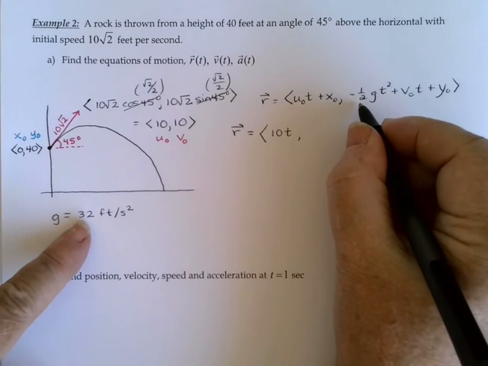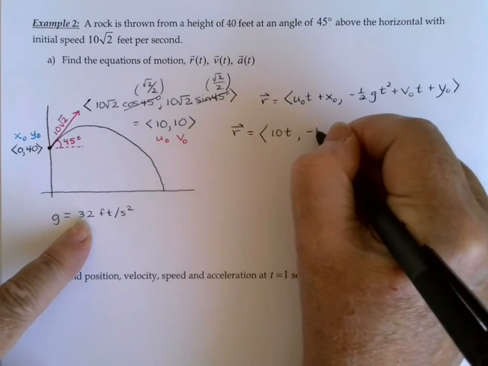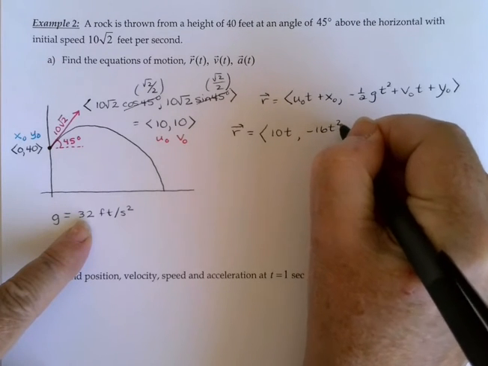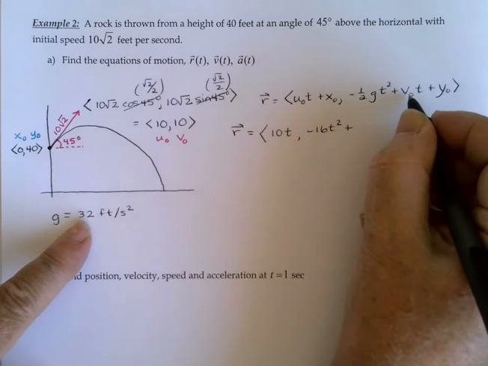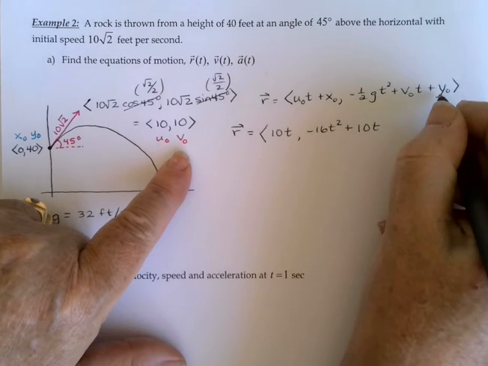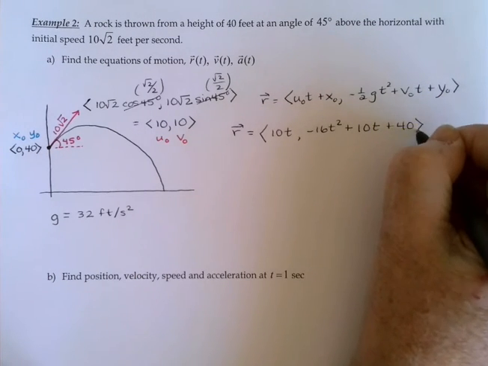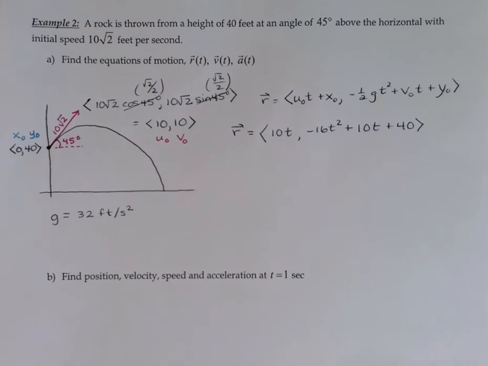And then negative 1/2 g, that will be negative 16 t squared, plus v naught t would be 10t, plus y naught, which is 40. So there's my first equation of motion, the R equation.